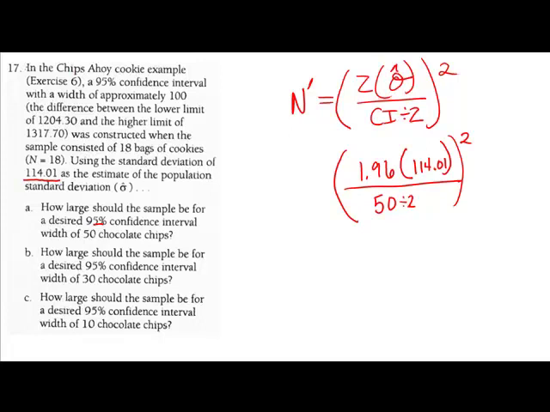So let's go ahead and do the math. 1.96 times 114.01 is 223.4596. Let's call that 223.46, divided by 50 divided by 2. I don't need the calculator.